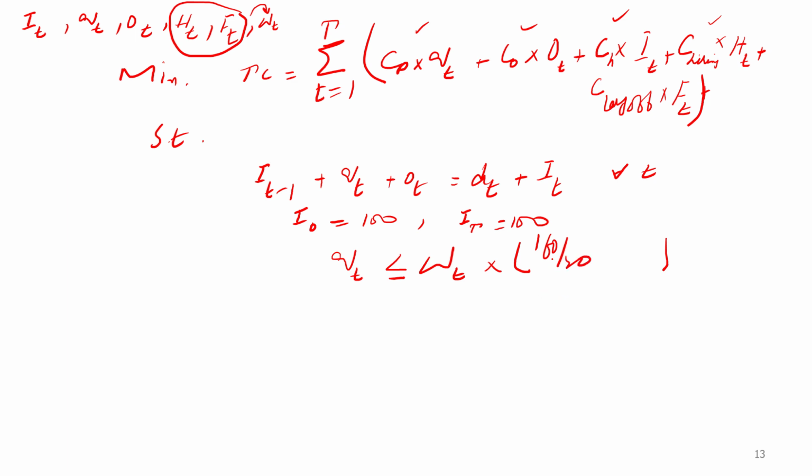That is the number of cabinets a worker can produce in a month, multiplied by the number of workers, for all time periods. Then the overtime production quantity must be less than or equal to 10% of the regular time production quantity for all time periods.